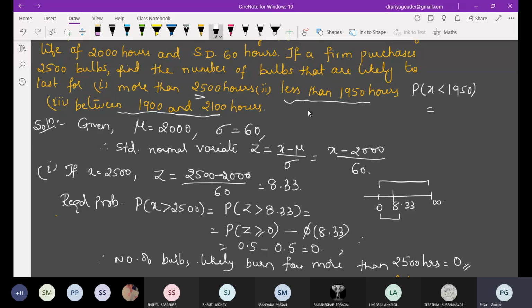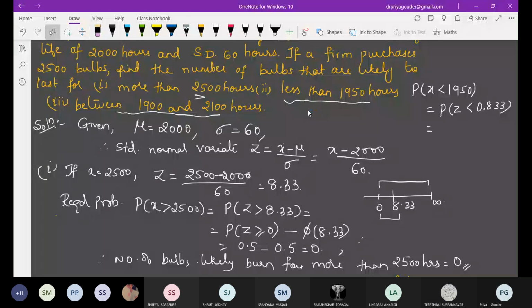Suppose you put x as 1950, what is the value of z you will get? 0.833.